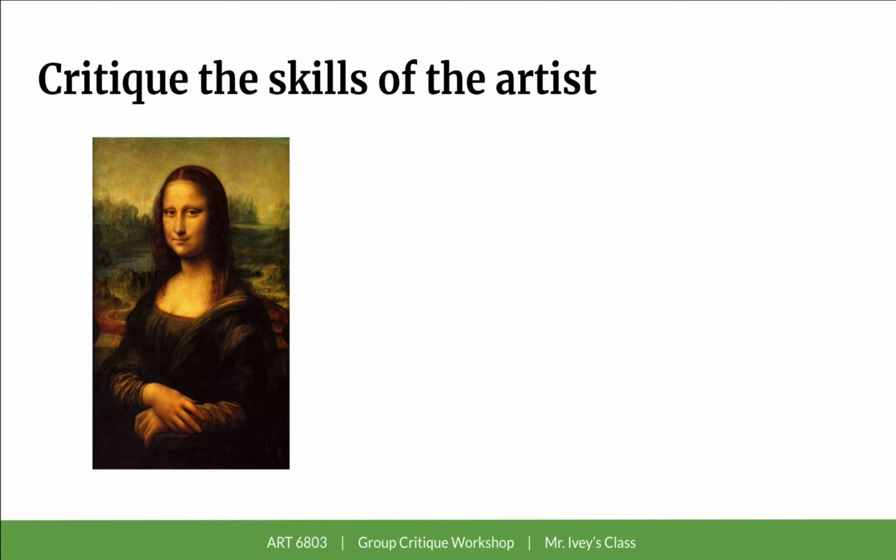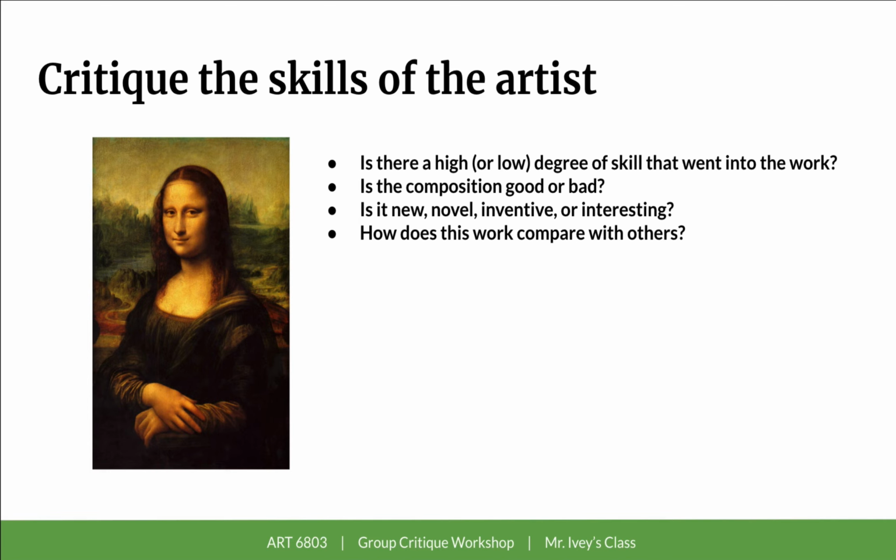The final stage of a critique brings the evaluation full circle. You're going to be looking at the skill of the artist or the designer. When judging the skills of an artist or a designer, you need to project your own experiences into the work. If you've had experience creating art, then you know whether something took a long time or was effortless, or whether it's a good composition or a bad composition, or maybe it's something completely new and fresh, or maybe it's a rehash of something old.